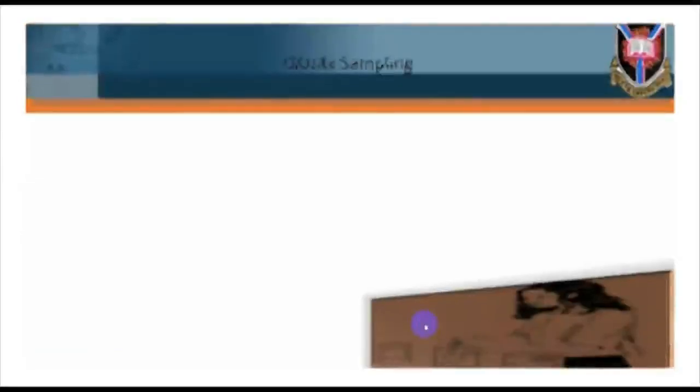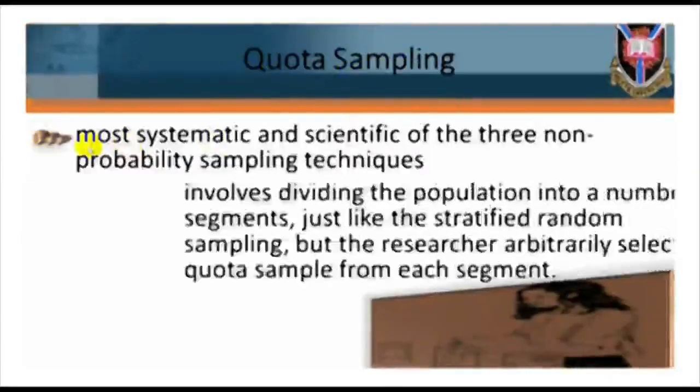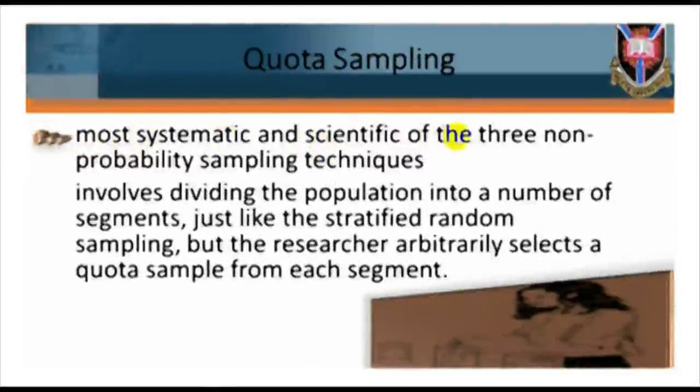B. Quota sampling. Quota sampling is the most systematic and scientific of the three non-probability sampling techniques. It involves dividing the population into a number of segments, just like stratified random sampling.